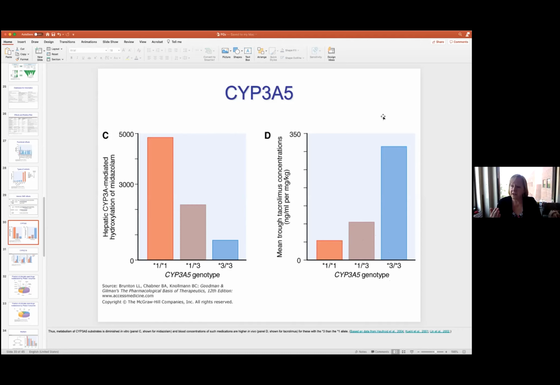So the implication is that you could easily overdose somebody with the drug if they are incapable of metabolizing it properly, because instead of the normal amount being left over that you expect, which is depicted by the star 1 on this graph, now you've got this much drug left over, and yet you're ready again to dose this person in the next 3 hours. So you would end up with an overdose for that person at that time. Okay, does that make sense?